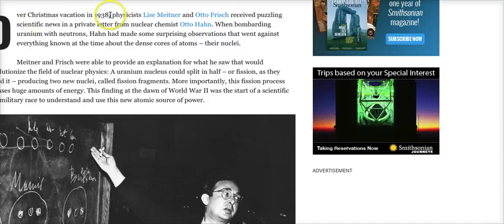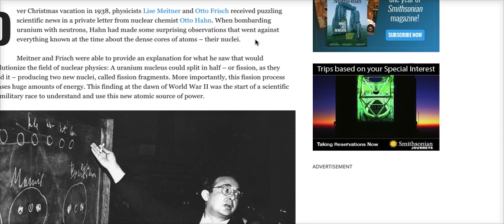So it says, over Christmas vacation 1938, physicists Meitner, Frisch, and received puzzling scientific news in a private letter from nuclear chemist Otto Hahn. When bombarding uranium with neutrons, Hahn had made some surprising observations that went against everything known at the time about the dense cores of atoms, their nuclei.